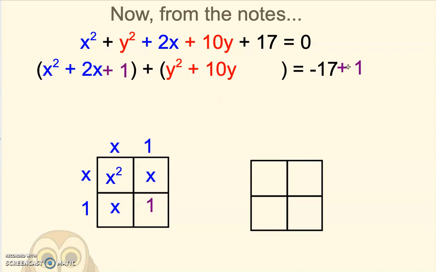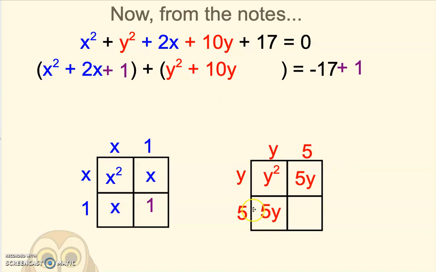Now to complete the squares for the y's, we have y squared. We have to take this 10y and divide it into 2 equal parts, there and there. And of course, if we have y squared, we get that by taking y times y. And if this side of the square is y, then this side over here would have to be 5. As with this, remember it's a square, these two sides should be equal.